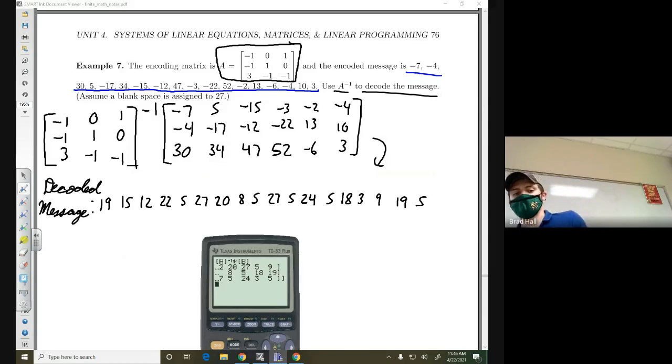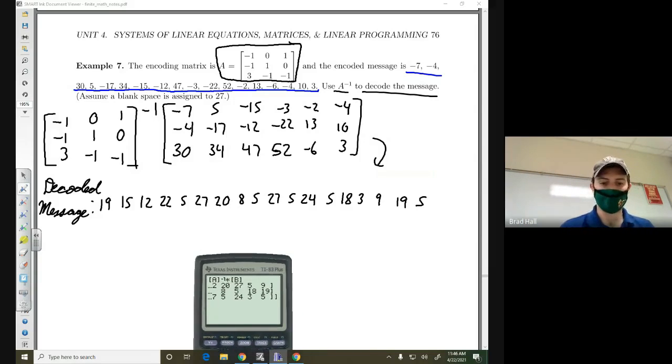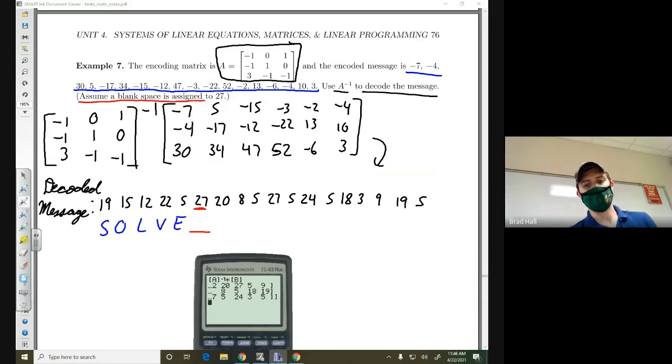And all of these, because this is a decoded message, correspond to letters that we can quickly go ahead and decipher. First 5, 19 corresponds to S, 15 corresponds to O, 27 corresponds to a space. They do say assume a blank space is assigned to 27 at the beginning of the problem. So that's a space. What this ends up coming out to be is solve the exercise.